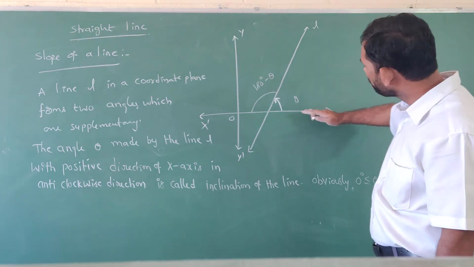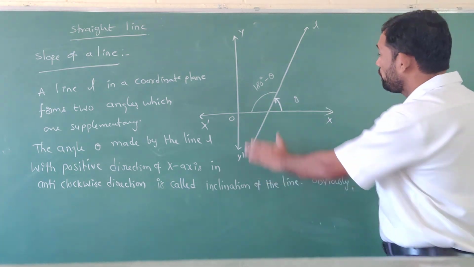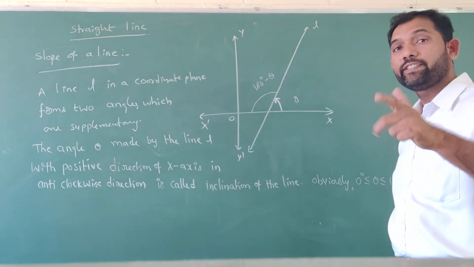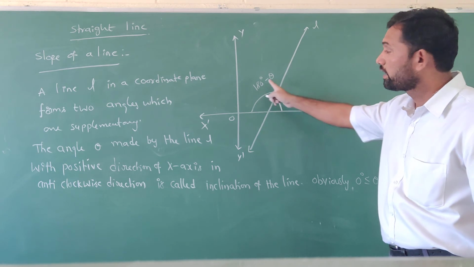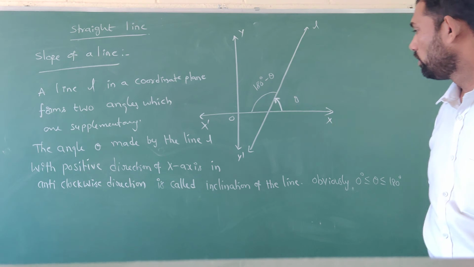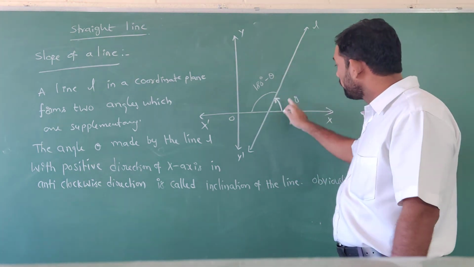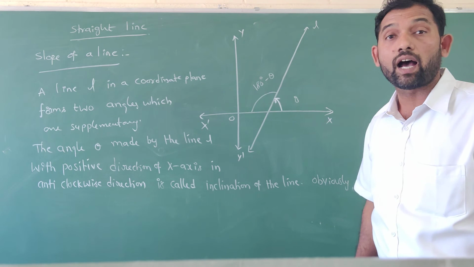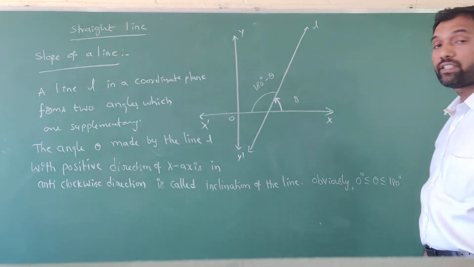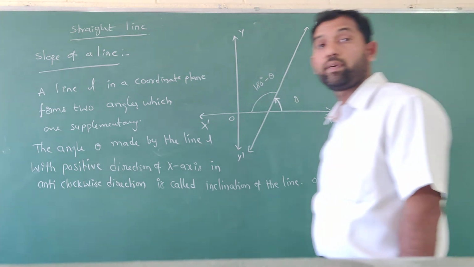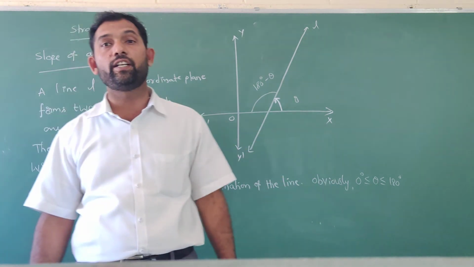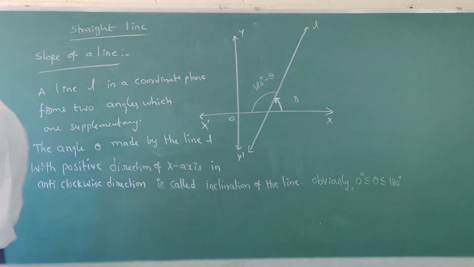With the positive direction of x-axis, a line forms two angles. One is theta, another one is 180 minus theta. These two are called supplementary angles. Theta is called the inclination of the line, and the inclination must be between 0 and 180 degrees.